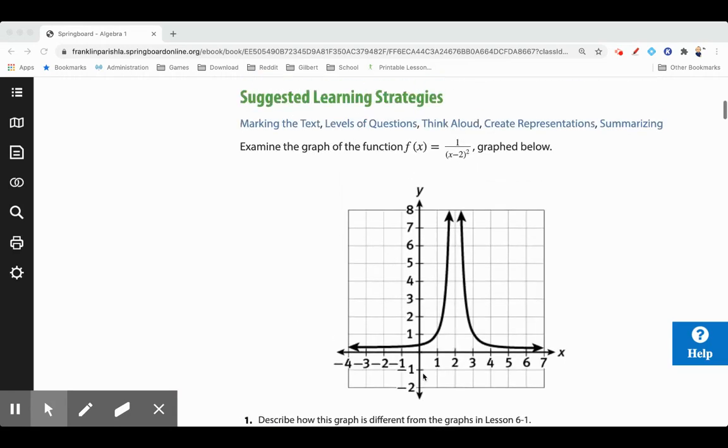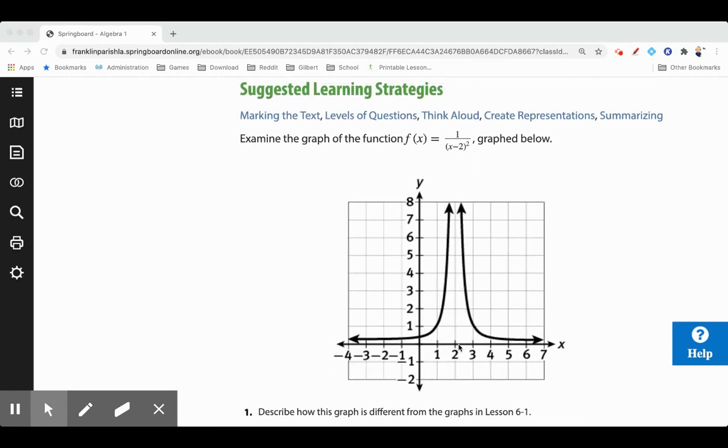Why is it greater than 0? Why can we not have negative answers? Well, it turns out that since this is squared, even if I put negative 50 or negative 1,000 minus 2, whatever that number is times itself would make it positive again. And so I'd have 1 over, let's say, 1,000,000,000 or whatever. It doesn't matter. It would never become a negative as a whole, so I'd never get into the negatives.